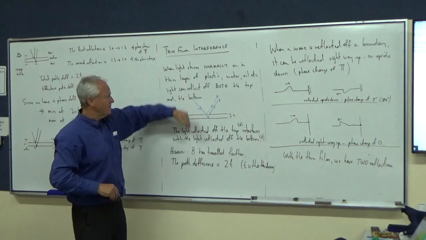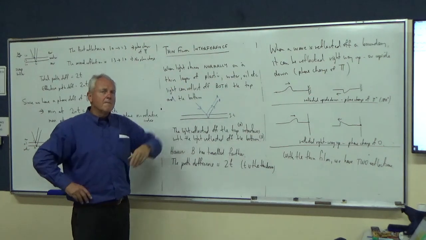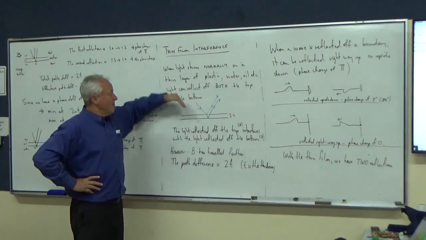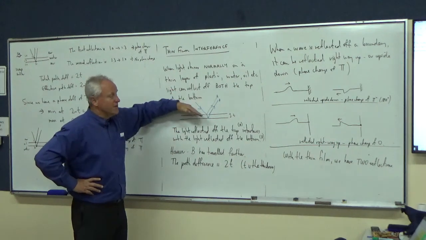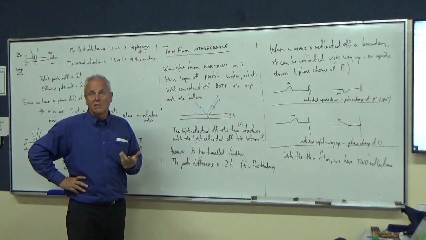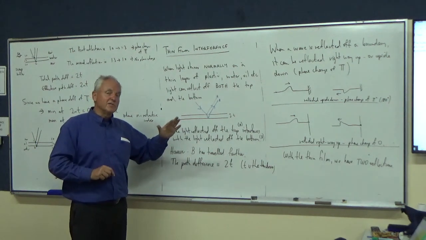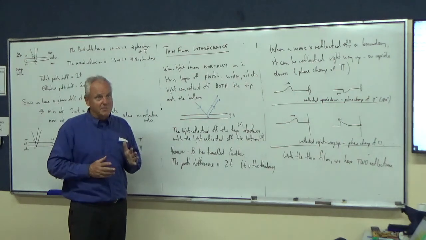We only worry about coming straight in, but at different angles, for an angle of 30 degrees, it may be that you get a maximum of green and a minimum of red and blue. At 32 degrees, you get a different maximum.